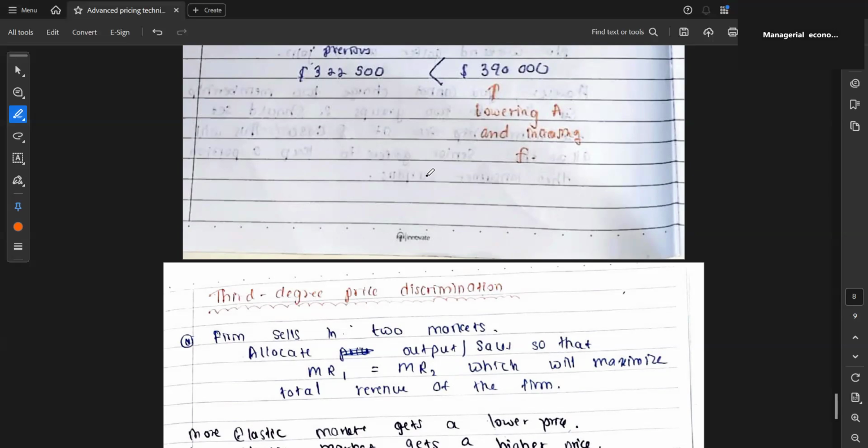When the quantity increases, there is something called declining block pricing, and there's increasing block pricing. Declining block pricing means when the quantity increases, the price charged for each block of quantity keeps on decreasing. And there's also increasing block pricing, where as the quantity increases, the price increases.